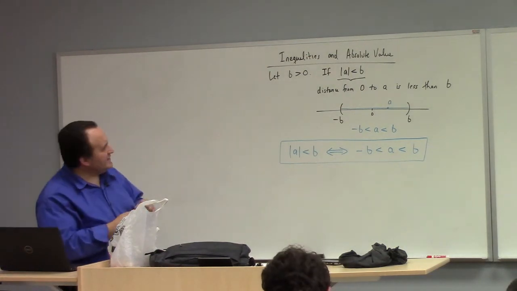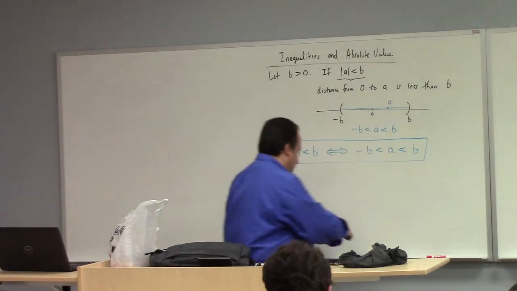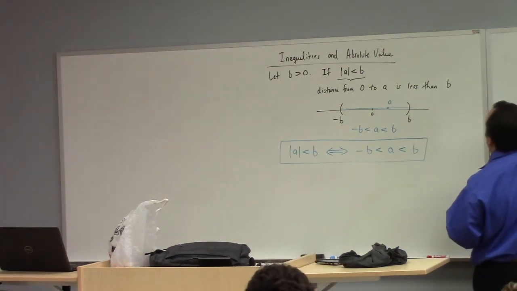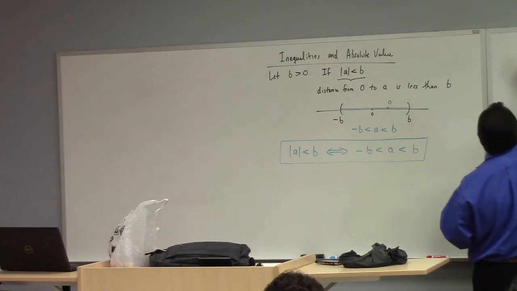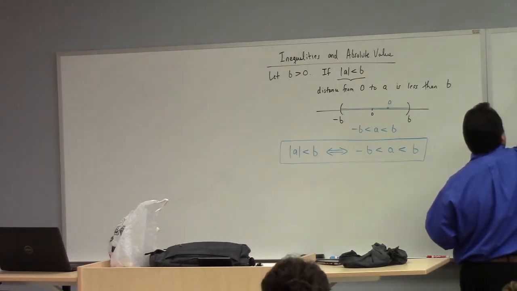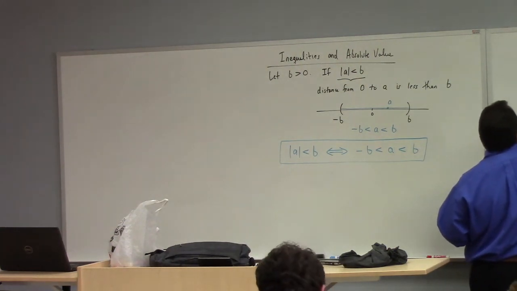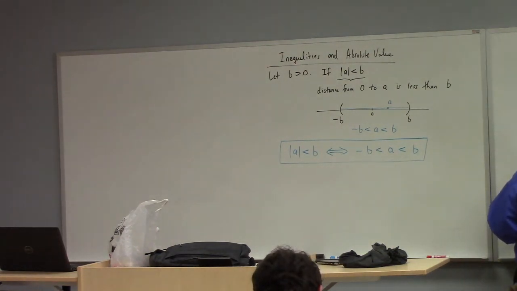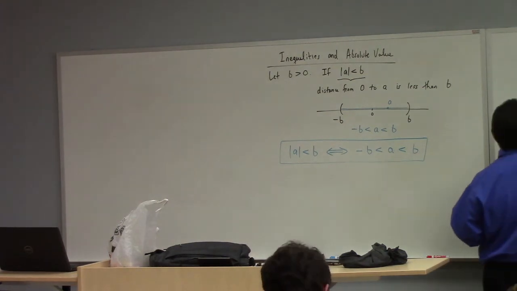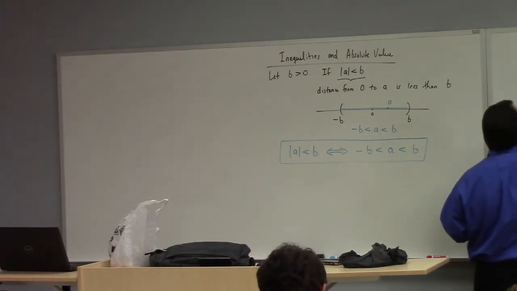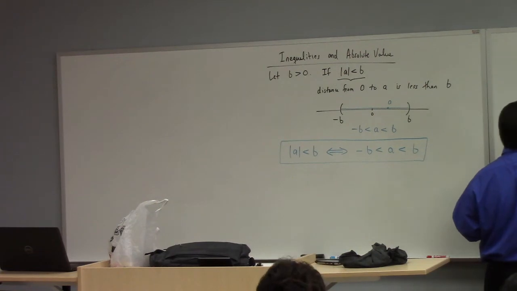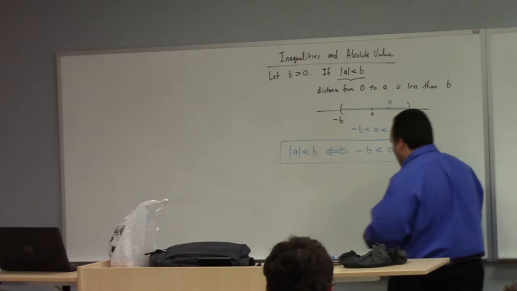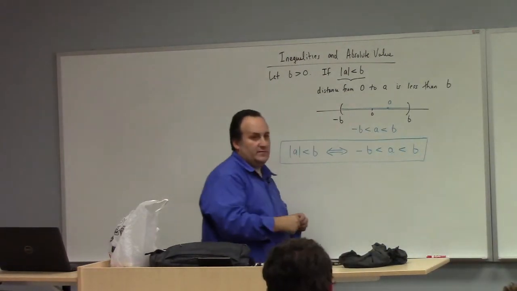What if instead of having less than, we had greater than? What if we had absolute value of A greater than B? What would that mean? That would mean the distance from 0 to A is more than B. So if I draw a picture of that, what's that look like? How can you be more than B units from the origin?